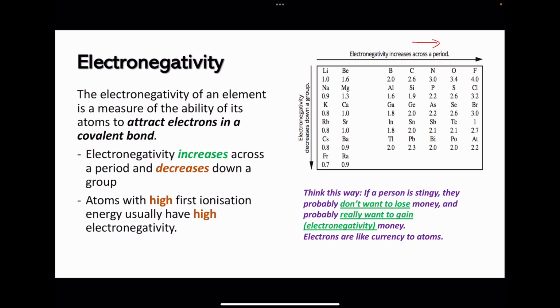So if an atom is stingy, they don't want to lose electrons, which means taking electrons away from them is going to require a lot of energy, so very high first ionization energy. In the same sense, if they don't want to lose money, they definitely want to gain money. As a result, the atom will have high electronegativity.